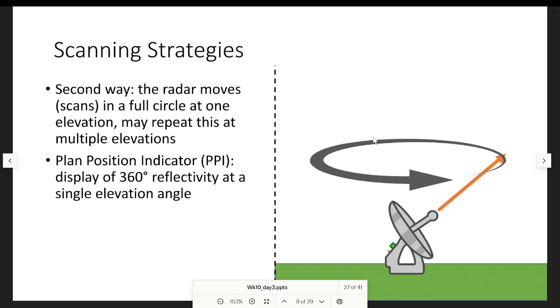Okay, the second way is that the radar moves in a full circle at one elevation, and it repeats this at multiple elevations. So the PPI, the plan position indicator, is a display of the 360-degree reflectivity at a single elevation angle. Yeah, so sometimes if there's thunderstorms, they will put the radar in certain storm modes, like VCP 212, or something like that.